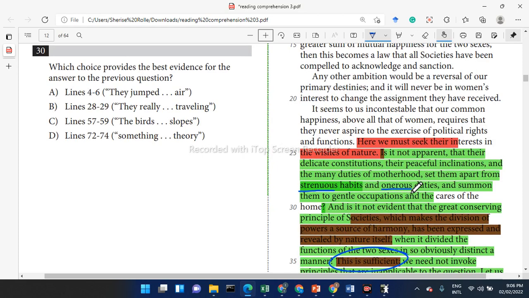Summon. Constitutions. Here, constitution does not refer to the Constitution of the Bahamas. Incontestable, yes. Inflation. Apparent. I can't remember, say it again.